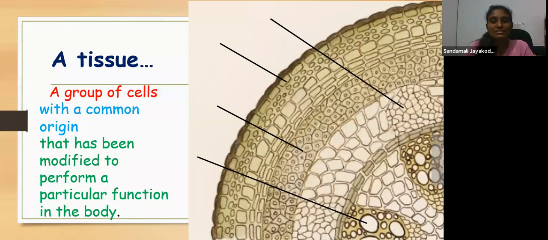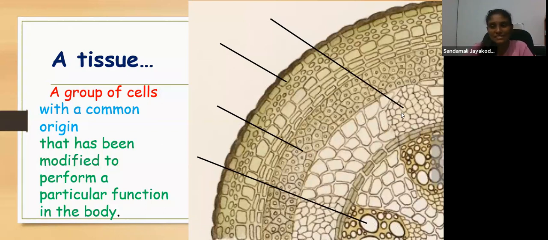We are going to learn what those common places are later in this lesson. Then it says that it has been modified to perform a particular function in the body. It has a common origin, but now it has been modified to perform a particular function in the body.